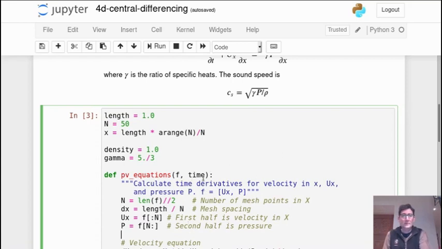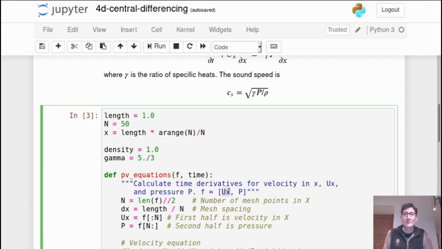Then this part here is a function we define, which is going to calculate the time derivatives. This whole function takes the evolving quantities called f and the time, which we're not going to use in this case, but we have to have an input there. Now f here is going to be a long array of all the values that we're solving. We have 50 points, and on each mesh point we have a velocity and a pressure. So we have 100 values to solve, and this will be an array of 100 values.